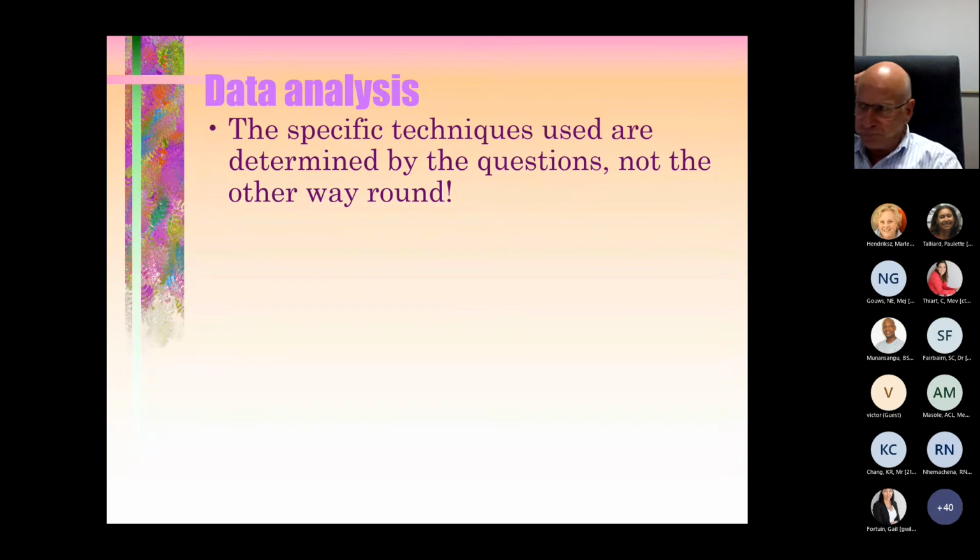Okay, so the specific statistical analyses and techniques that we use are determined by the questions that you are asking, and not the other way around. Because in many cases I get a phone call and people will say, okay, I want to do a regression analysis. Can you assist me? Then the first thing I would ask the person is, please just explain to me what your objectives are.